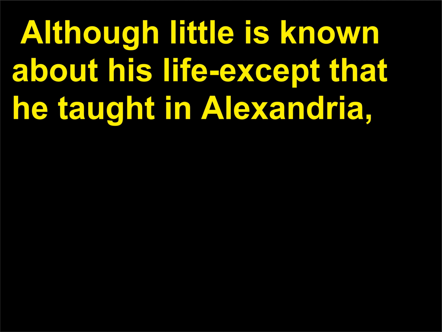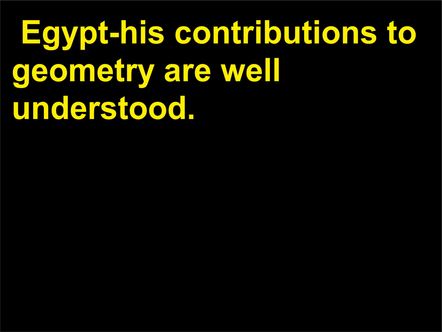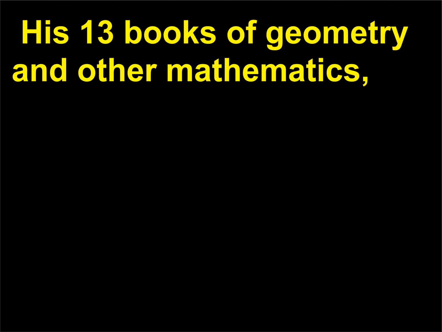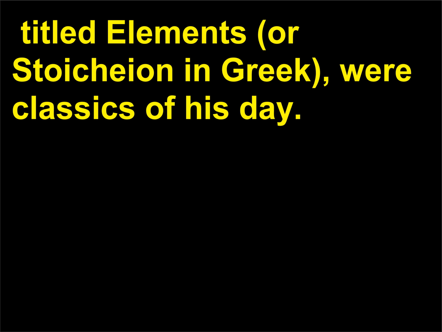Although little is known about his life except that he taught in Alexandria, Egypt, his contributions to geometry are well understood. The elementary geometry many of us learn in high school is still largely based on Euclid. His 13 books of geometry and other mathematics, titled Elements, or Stoicheion in Greek, were classics of his day.